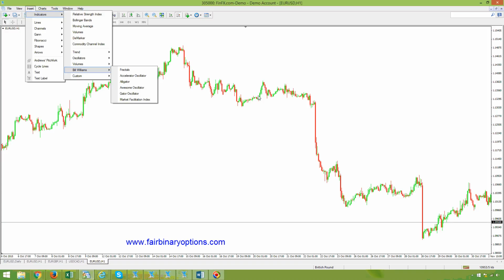Now, being an oscillator, the temptation is to treat it with a classical divergence mode, to look for overbought and oversold levels, only that this one is not doing that. This one can be interpreted as trying to identify ranges, but even in that situation, it is not working 100% of the time, like any other indicator or oscillator, but nevertheless it is working.